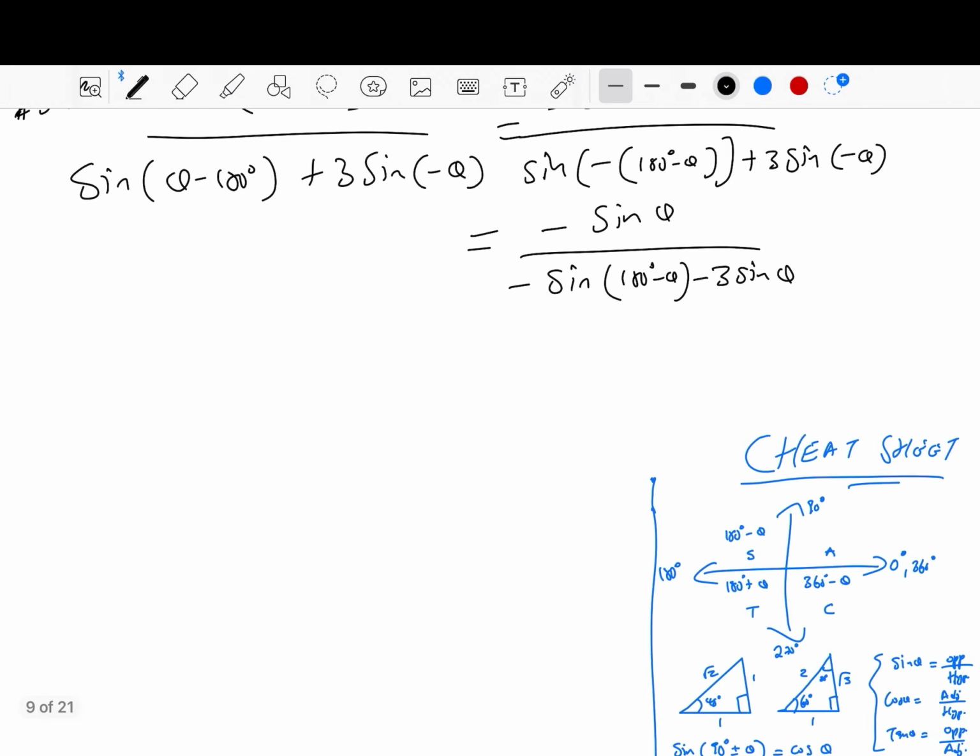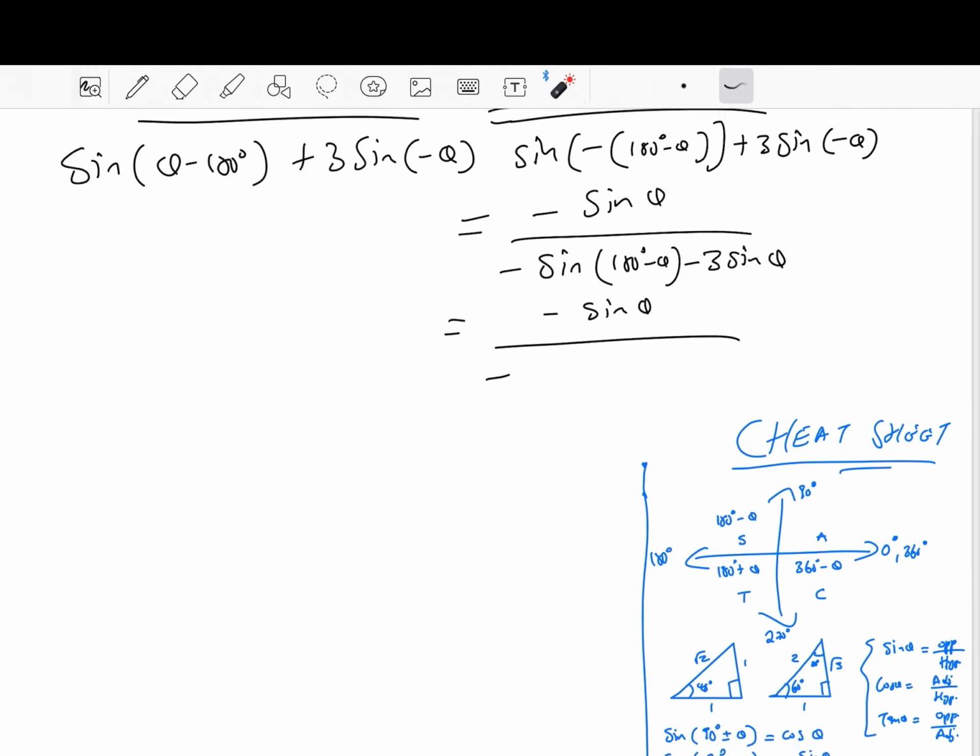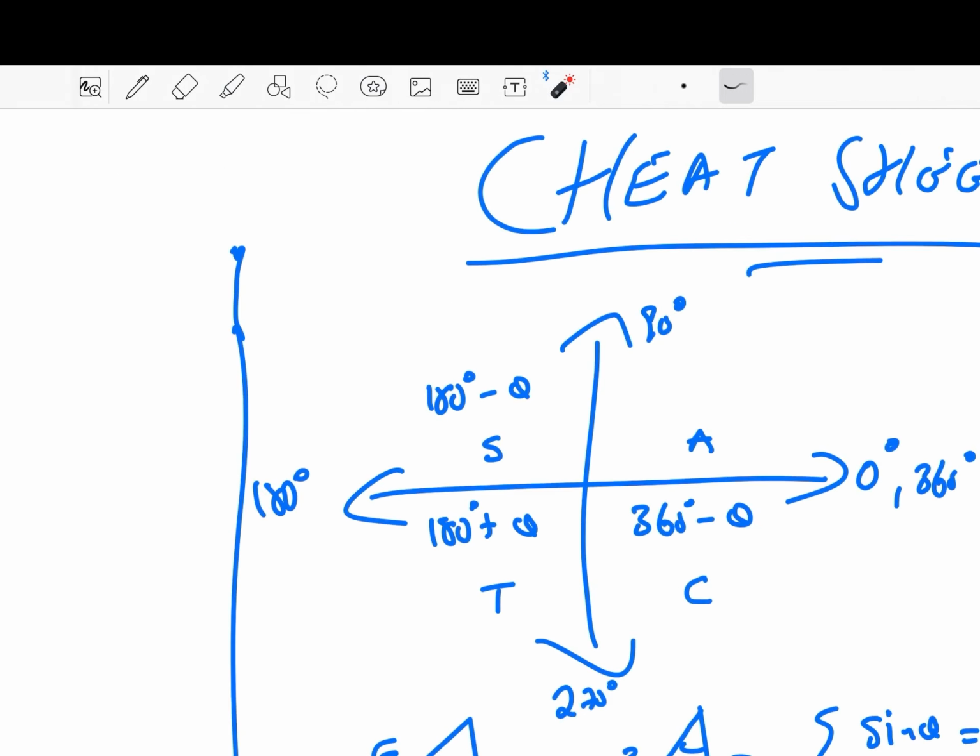Right, so we're going somewhere. So we have negative sine theta over, again, we have negative, but then we have sine of 180 minus theta. And then you ask the question, where is 180 minus theta? It's on the second quadrant.